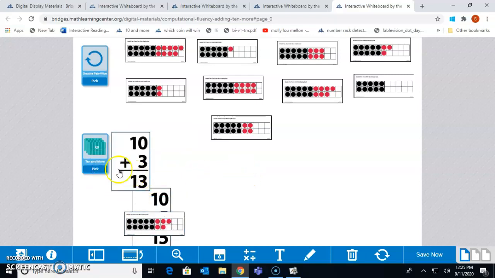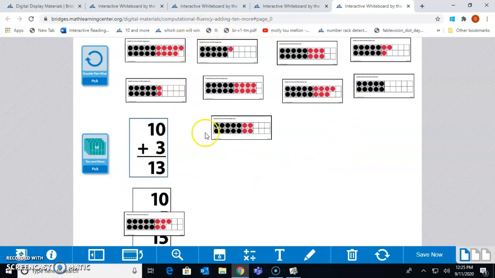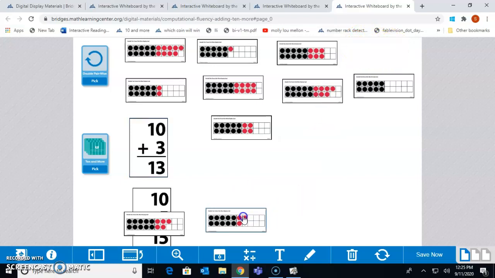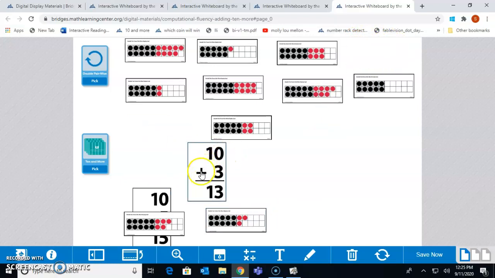Let's see. Ooh, 10 and 3. Do you see a 10 frame that shows 10 and 3 more? Did you point to this one? 10 and 3 more is absolutely the same as 10 plus 3, which equals 13.